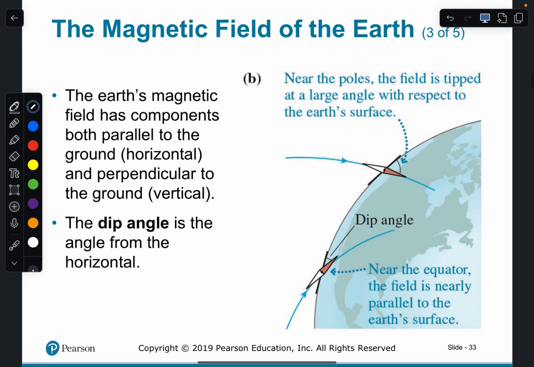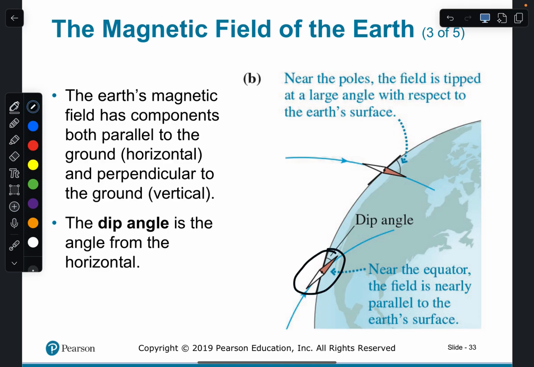Near the equator, the magnetic field created by Earth has a near parallel direction to the Earth's surface, but it dips down a little bit, okay? The farther north you go geographically, the angle is going to be more directly into the Earth and not so much parallel to the Earth's surface.